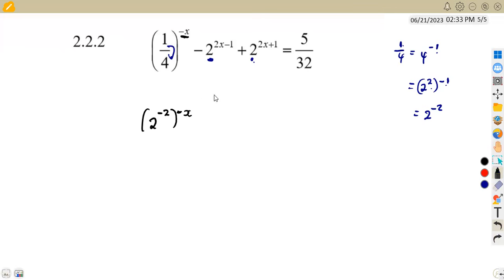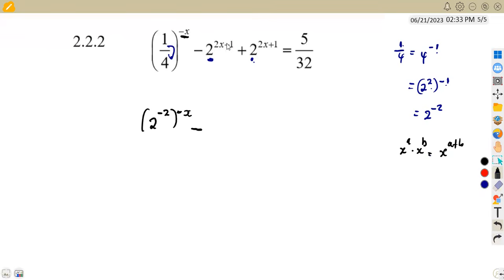Let us move on to the other stage. We have another exponent, a combination of expressions, 2x minus 1 on the exponent. So what you simply apply is that x to the exponent of a multiplied by x to the exponent of b gives us x to the exponent of a plus b.